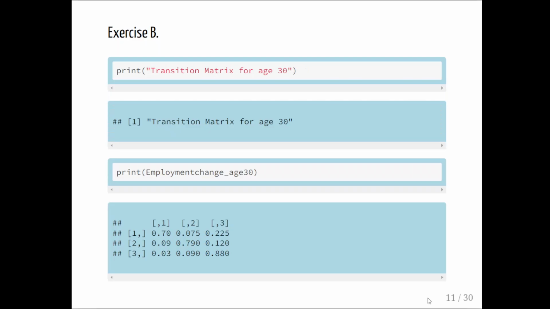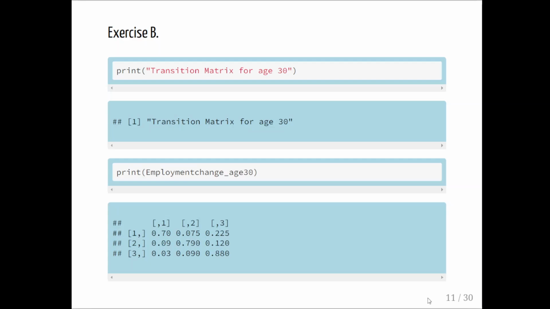The transition matrix for age 30, there we have it right at the bottom. The first row will be 0.70, 0.075, and 0.225. So that's a 3x3 matrix, and it's the appropriate transition matrix for age 30.